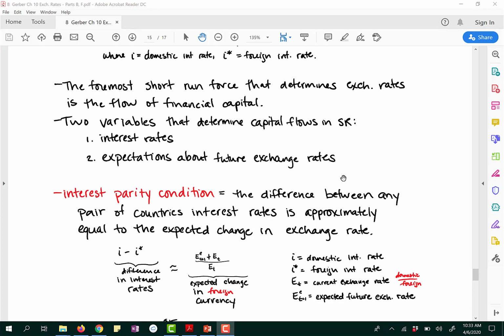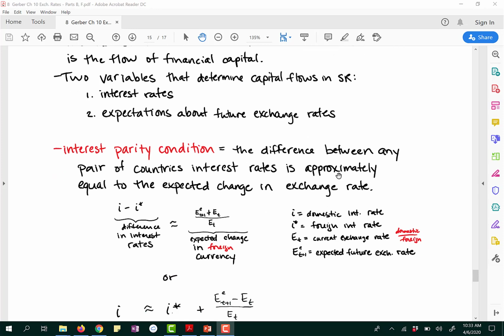If you buy a bond from a foreign country, denominated in a foreign currency, and that currency depreciates, you'll get less profit once you convert those earnings back into dollars.